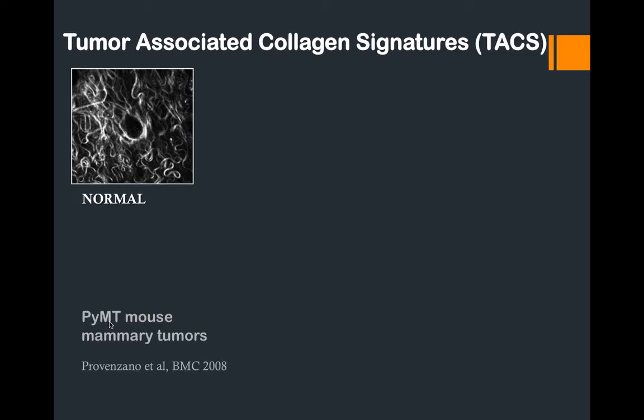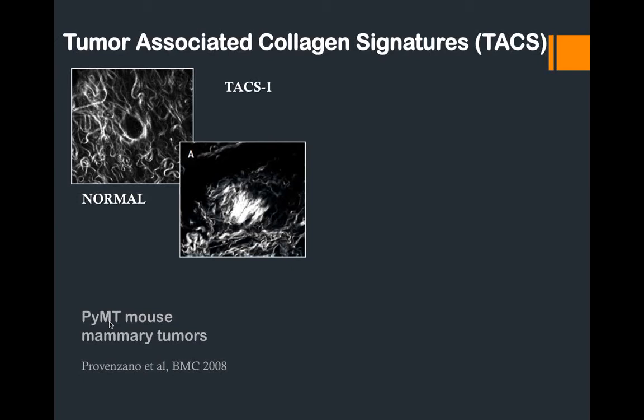So at a really early stage, where we would expect the initial progression of the disease, we see something very different already from normal stringy collagen. We see abnormal deposition of collagen around the developing mass.